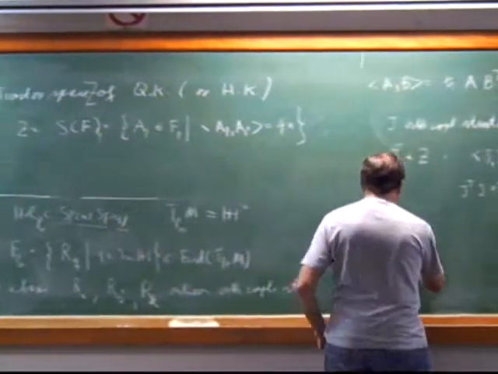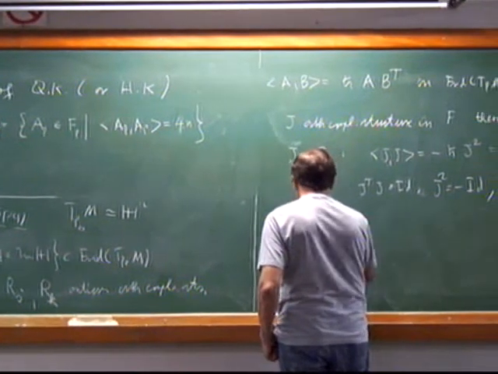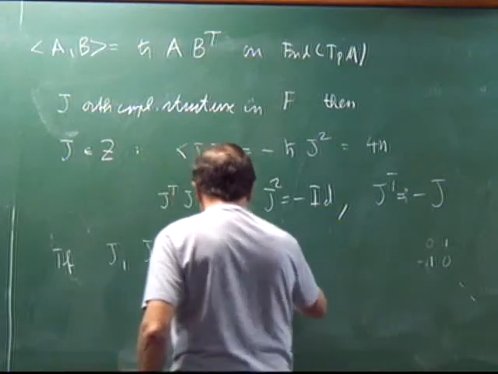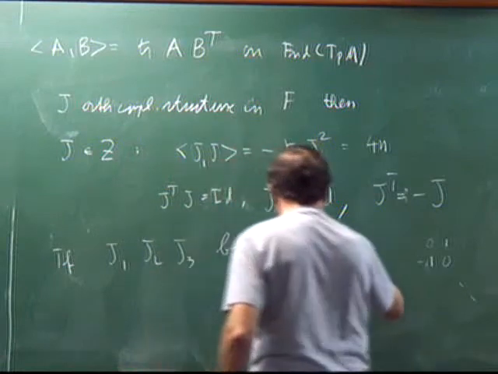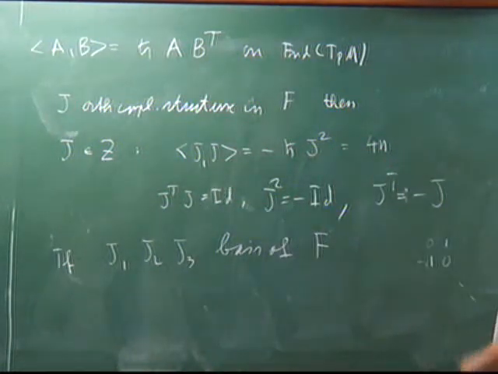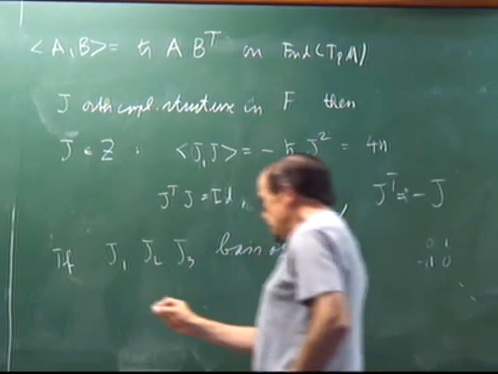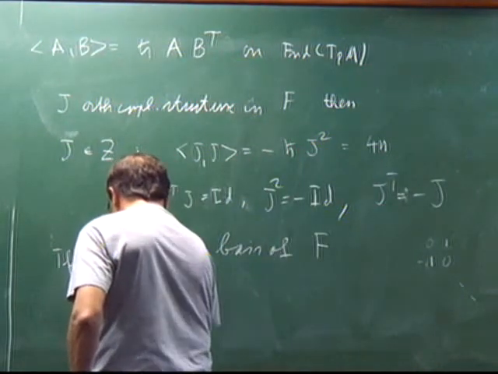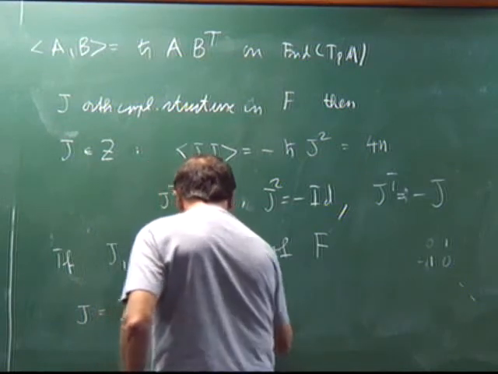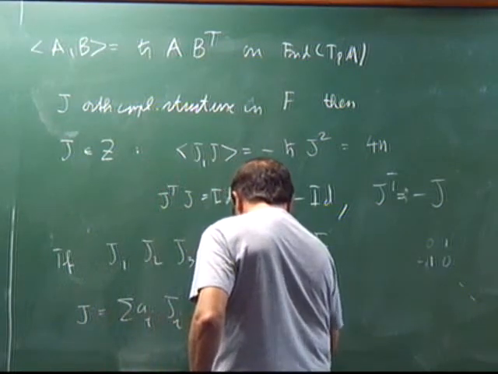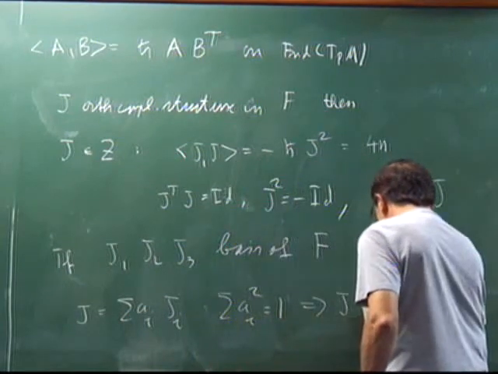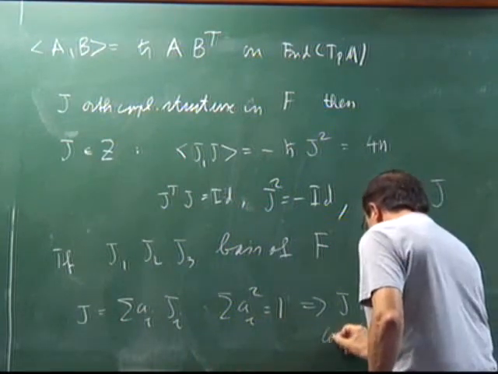Notice also the following, that if J1, J2, J3 is my basis of F at that point P, which is required in the definition, if I then take a linear combination where I assume the sum of a squared is equal to 1, this implies that J is also an orthogonal complex structure.